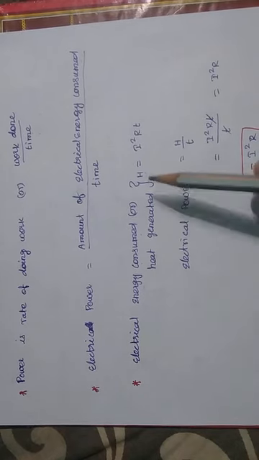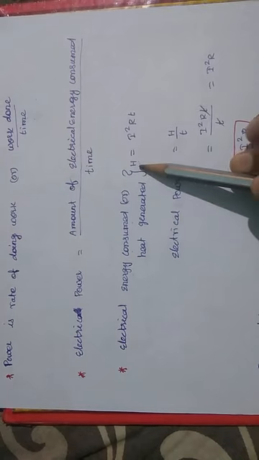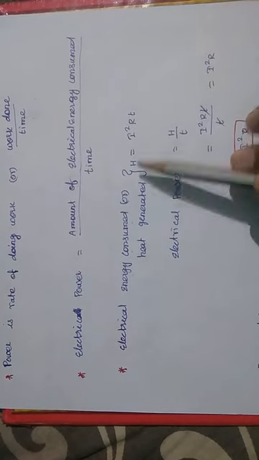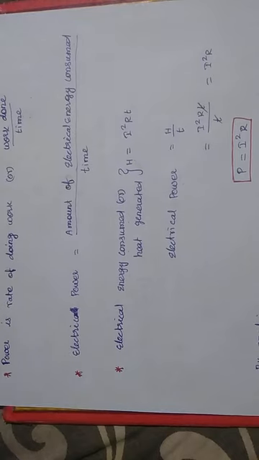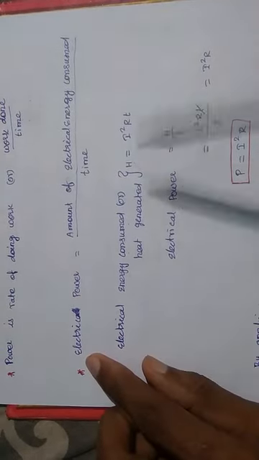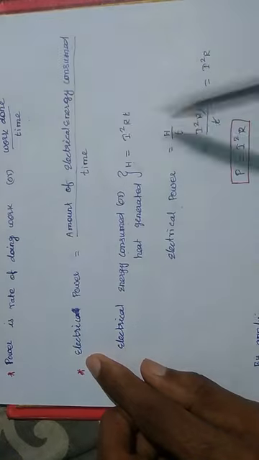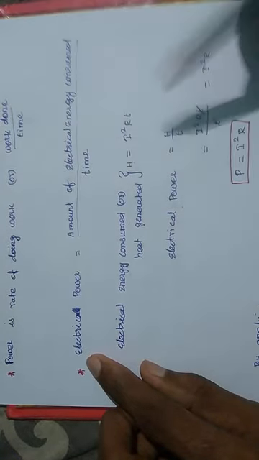So electrical energy consumed, or heat generated, as we have studied in the previous classes on the heating effect of electric current, H is equal to I squared RT. Electrical power means the amount of electrical energy consumed by time.